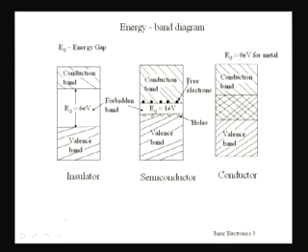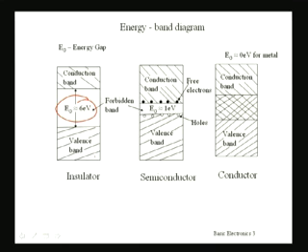Now if we consider these three, insulator, conductor and semiconductor, and see their energy band diagrams, we find that the energy gap between the valence band and the conduction band in an insulator is very high. It is around 6 electron volt, as is seen here.